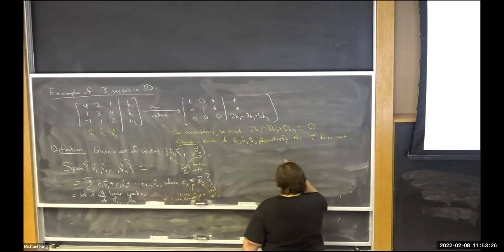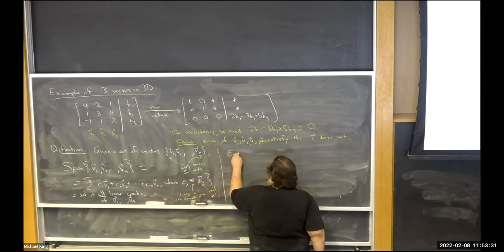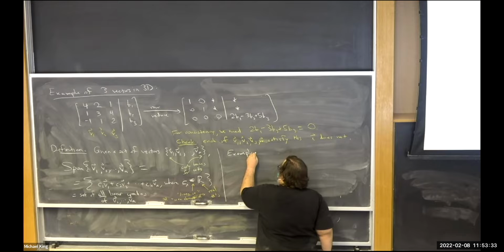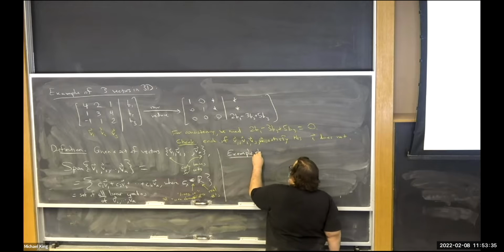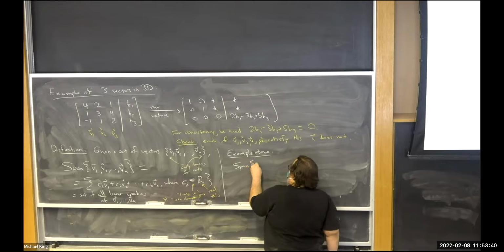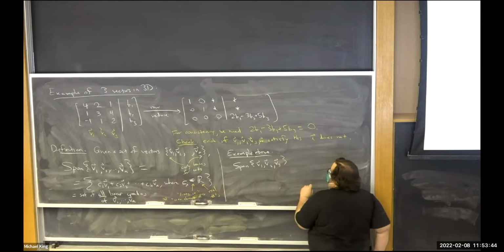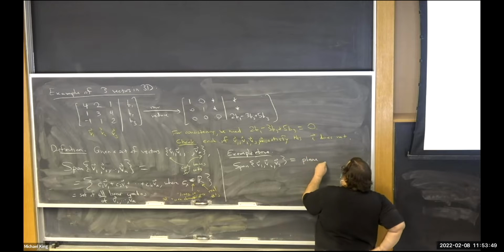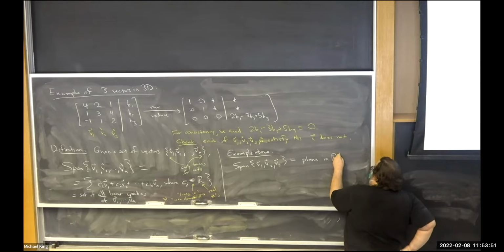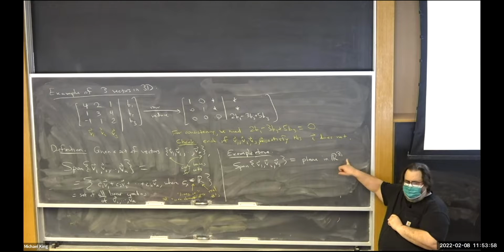In particular, in the example above, the span of v1, v2, and v3 is this plane in R3, three-dimensional space. Have I been using this notation too? Rn for n-dimensional, okay.